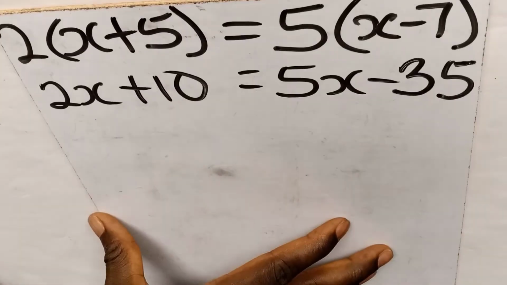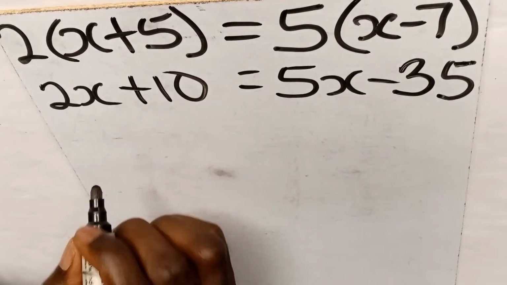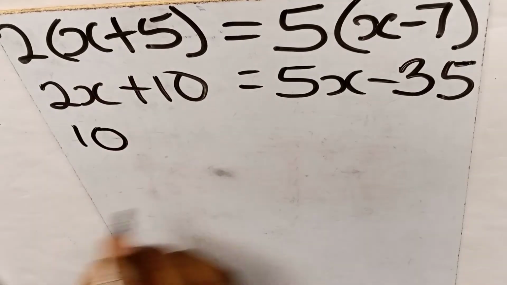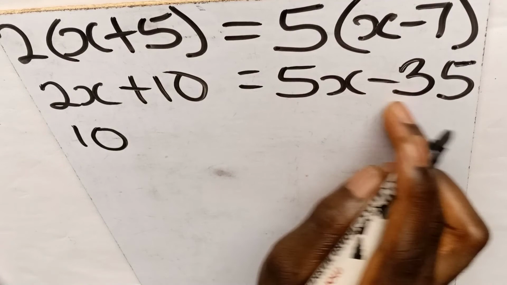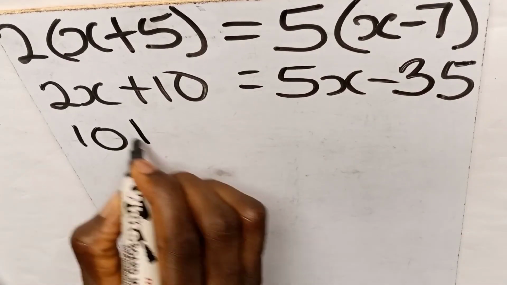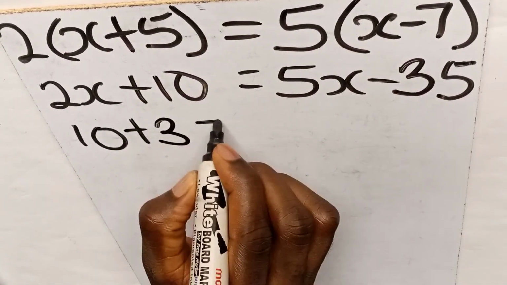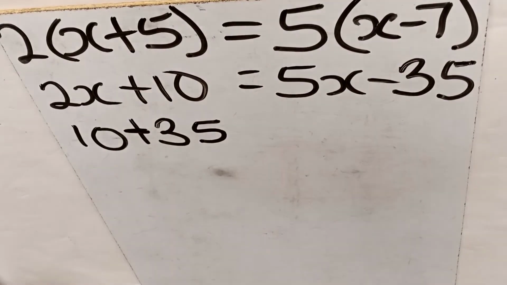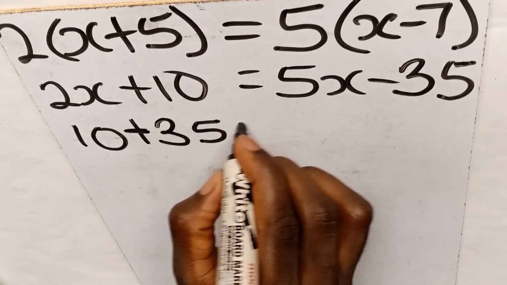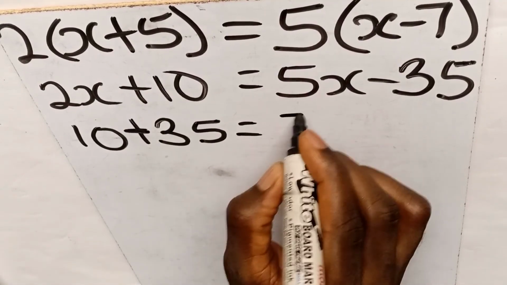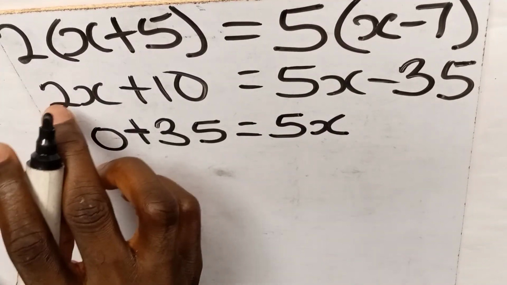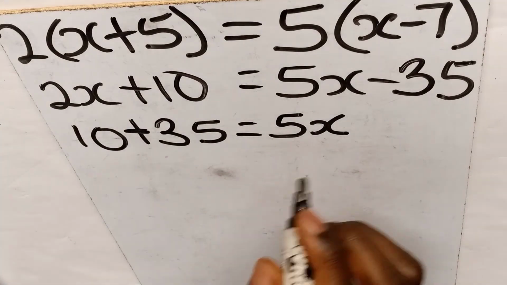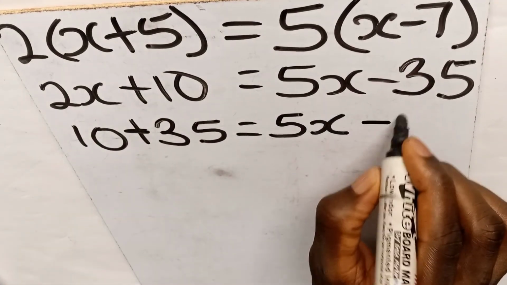Okay, good. So I'm maintaining my 10, which is a constant number, and then I'm bringing my negative 35 to this side. So since it's negative, when it comes here, it will be what? Positive. So I write my positive 35 equal to, I have my 5x here already. Then you bring your positive 2x to the other side. Since it's positive, it will be what?